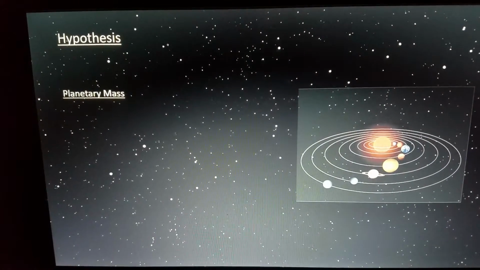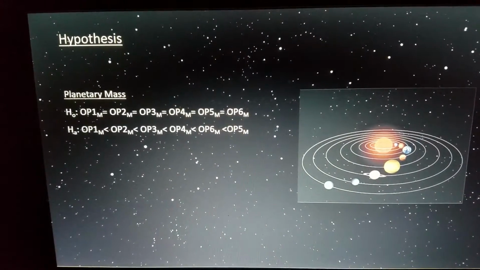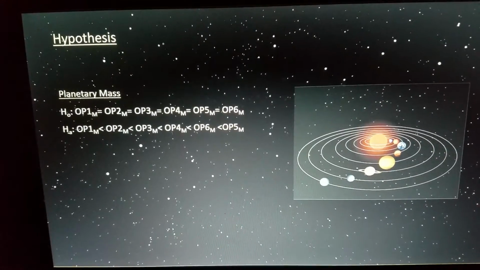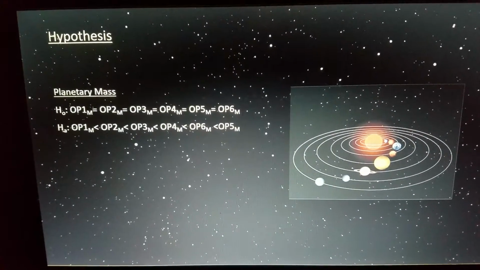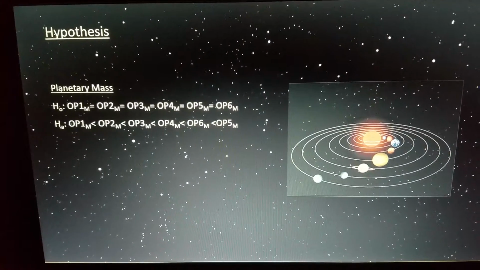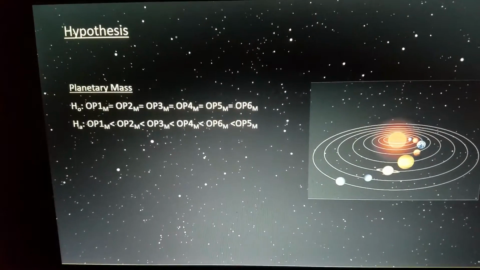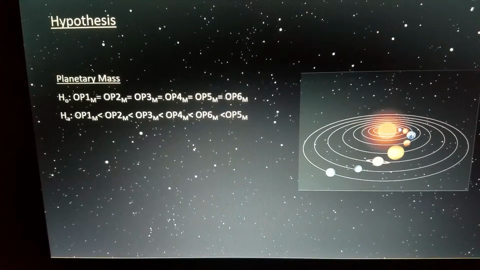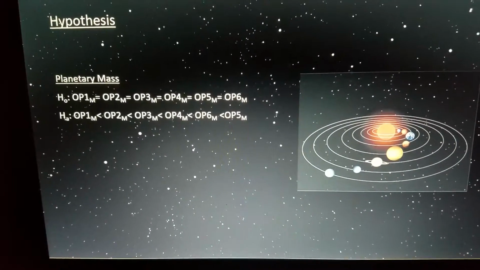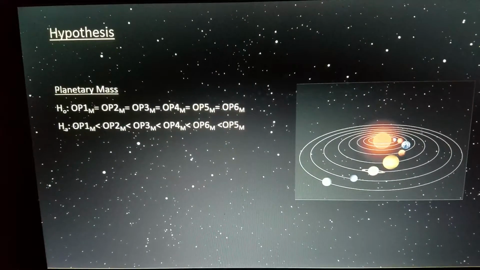So my hypothesis for the mass was that the null hypothesis would be there would be no change in mass as orbit distance increased, while with the alternative hypothesis, the mass would increase with each orbital distance and then sharply decrease.